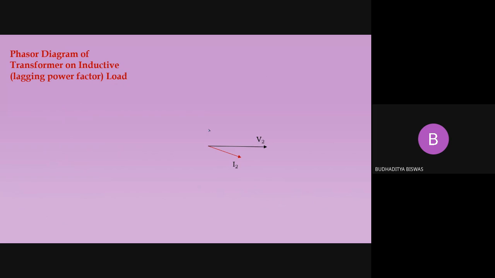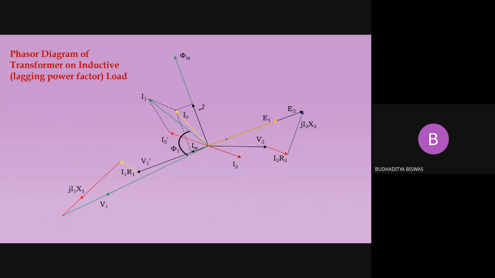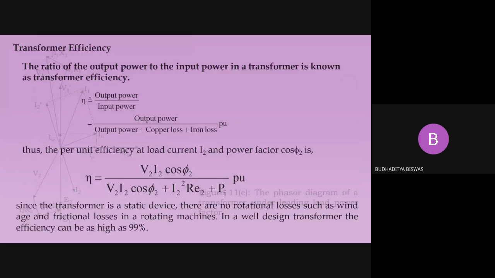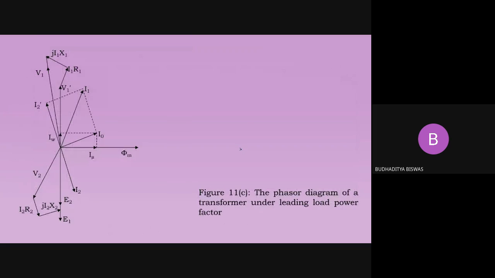So as now we want to draw the phasor diagram of the transformer in capacitive load or leading power factor load, you see I2 is now leading V2 by an angle phi, or whatever the angle be, but the angle should not be 0 degrees or 90 degrees because it's a mix with the capacitor. So this is the first thing, to draw the V2 and I2.